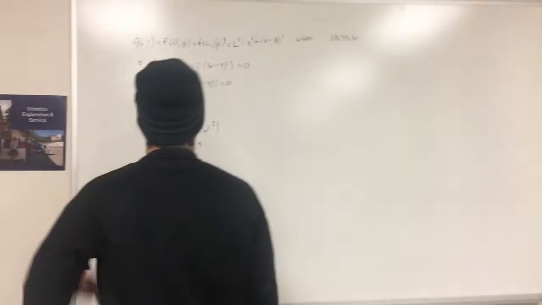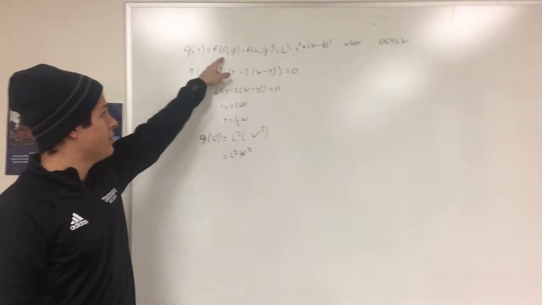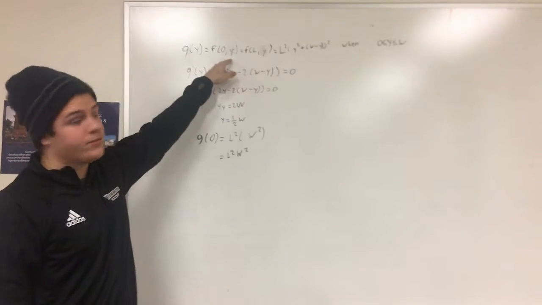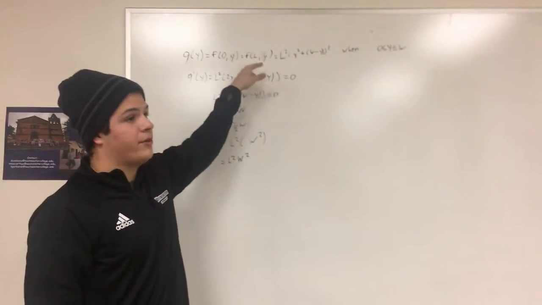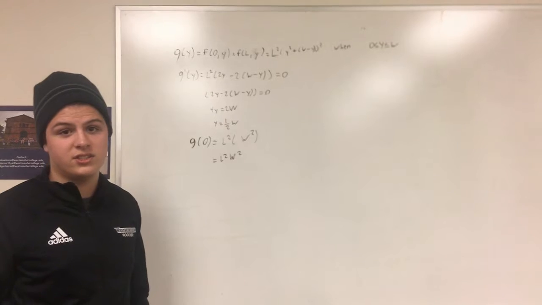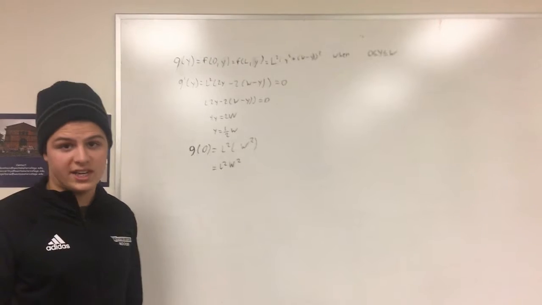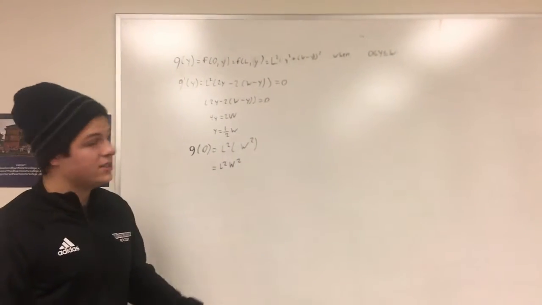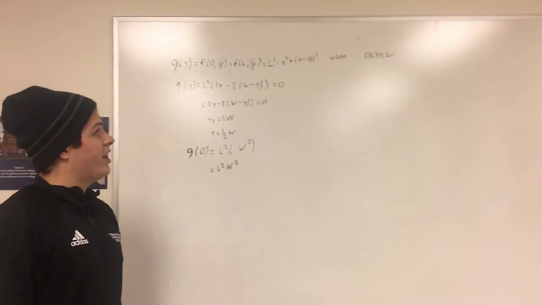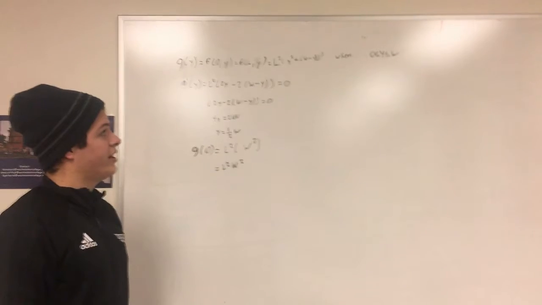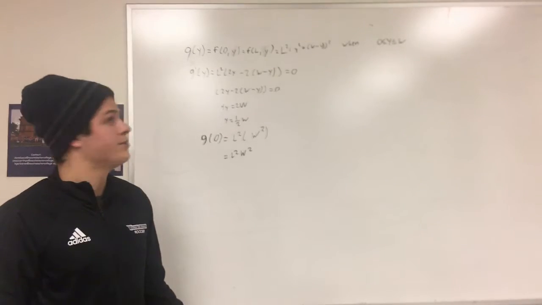What we set up was the function g of y, which is f when x is 0 and y is just some variable, which means that our function is now a function of L and y, because our distance was L minus x, and when x is 0, that's just equal to L. Therefore, this simplifies down from our original equation to L squared times (y squared plus (W minus y) squared), whenever y is greater than 0 but less than W.